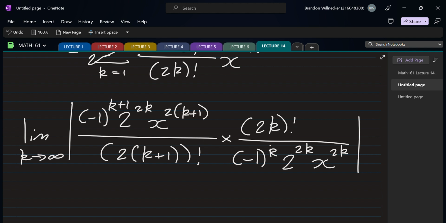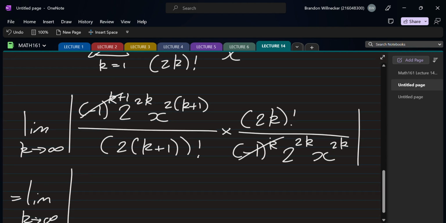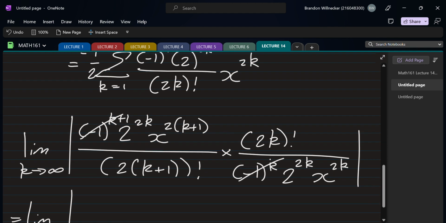So very similar to what we did before. The minus 1 to the k plus 1, that can go. Minus 1 to the k, that can go. So this will be limit, k goes to infinity. 2 to the 2k at the top here, and then 2 to the 2k at the bottom here.